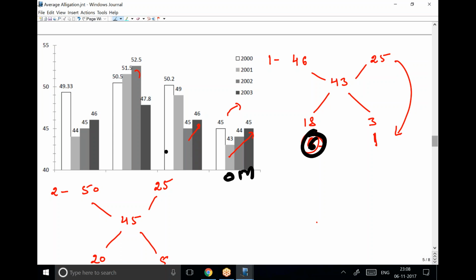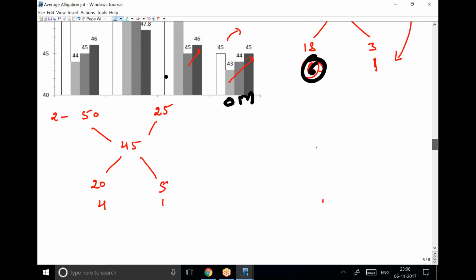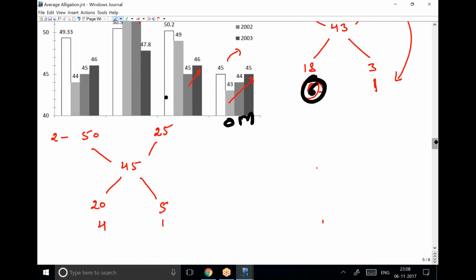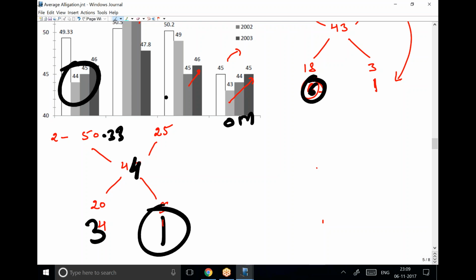So when 1 person is joining, this has to be 50.33, and this has to be 25, and then we can see it comes down to 44 here. When this is given to us as 44, we can immediately say this ratio comes out to be 3:1. So when the ratio is 3:1, we can say this portion is marketing. So this is marketing.